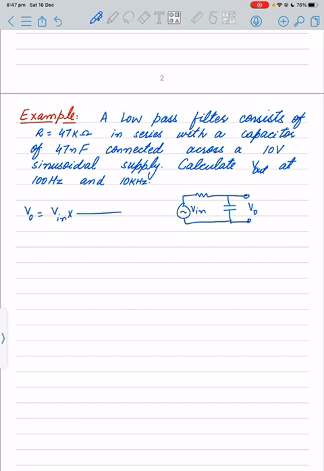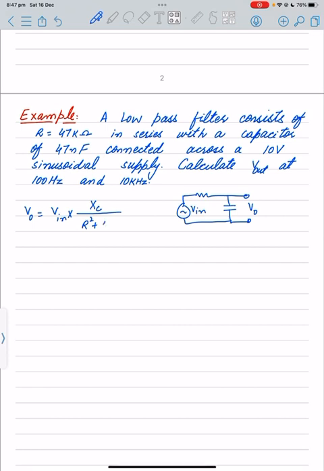So that is the capacitor. So the impedance of the capacitor is actually XC, and then the sum of the impedances of the resistor and the capacitor, and that one is actually when we are also dealing with the imaginary term or the complex variable.